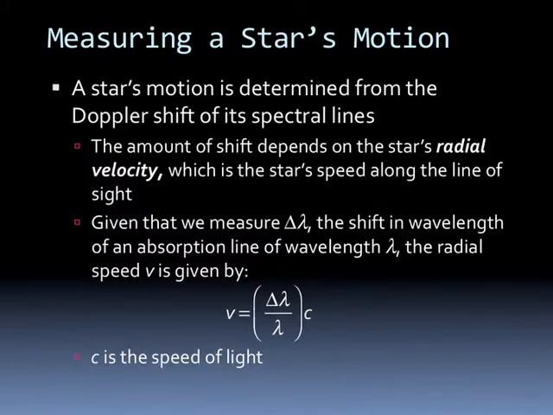Given that we measure a shift delta lambda, delta just means change in mathematics, and lambda is our wavelength. So the change in wavelength over what we know the wavelength should be, times the speed of light, gives us the velocity. We can measure the star's velocity coming towards us or away from us with very good accuracy.